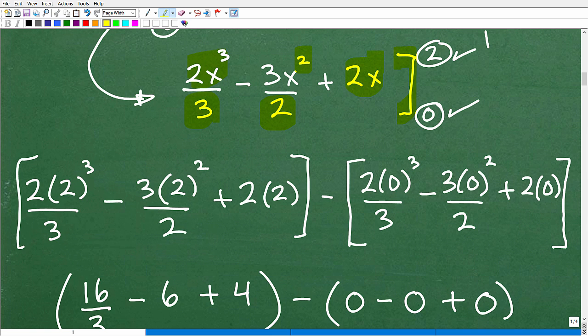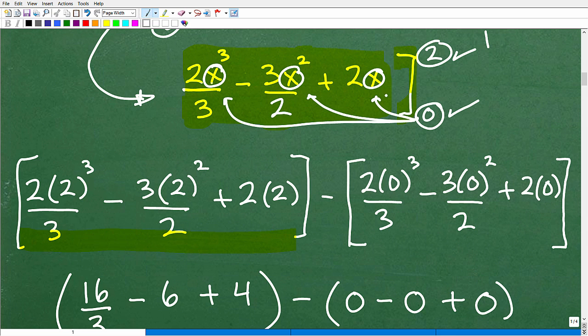We're going to take this expression right here, and we're going to calculate some numbers. Okay. The first thing we're going to do is plug in 2 everywhere there's an x. Okay. All right. And I'm going to do that right here. I'm going to do that first, and then I'm going to subtract the same thing, but this time I'm going to plug in 0.